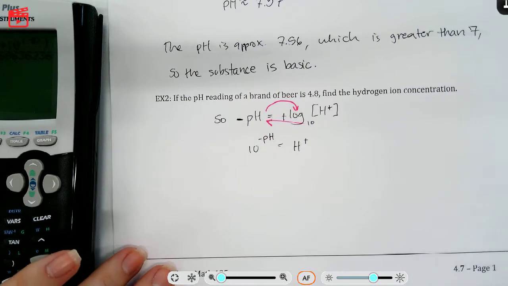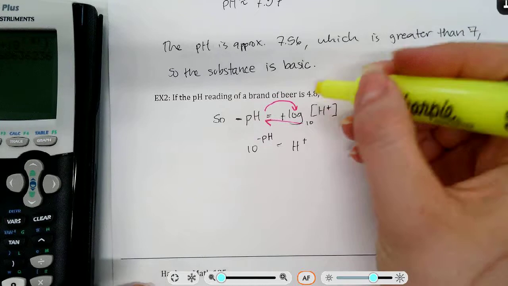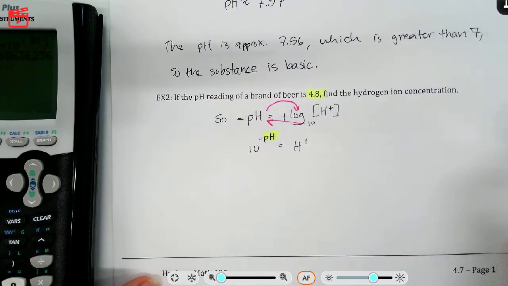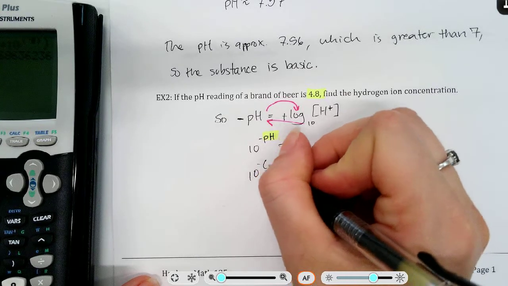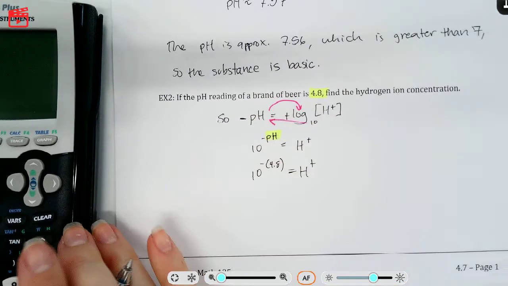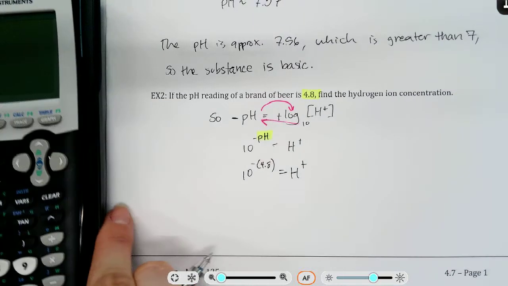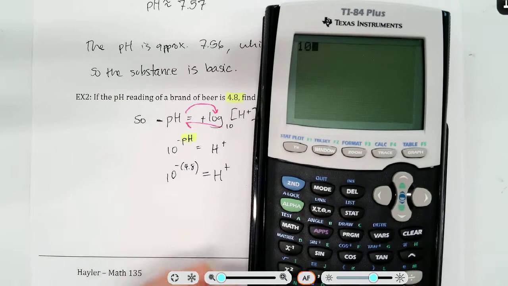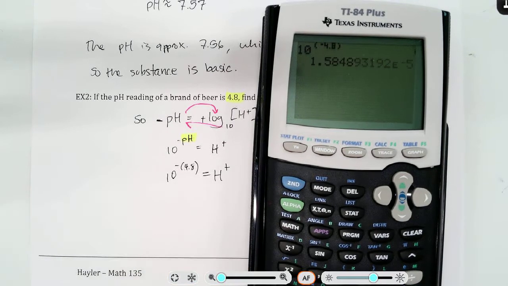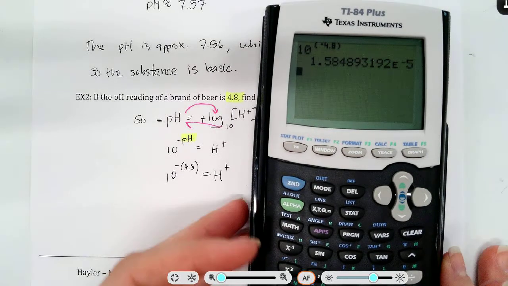What was the pH I was given? The pH was 4.8, so we replace the pH with 4.8. That'd be 10 to the negative 4.8. Plugging that into our calculator, 10 to the negative 4.8 is 1.58, and so on.